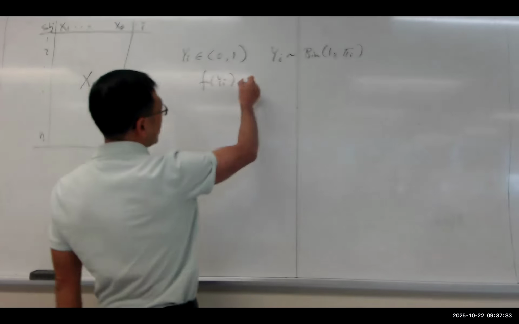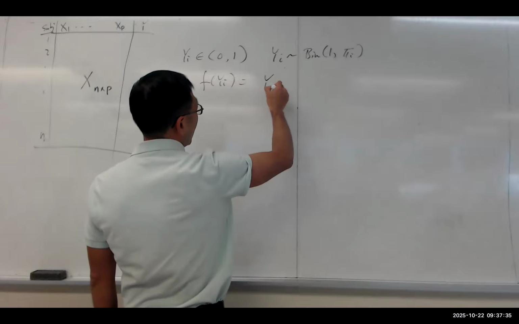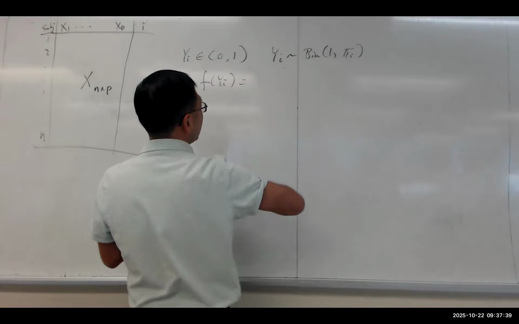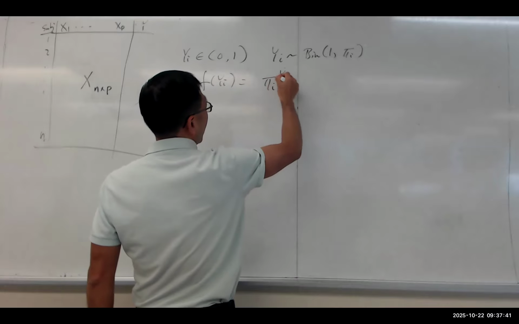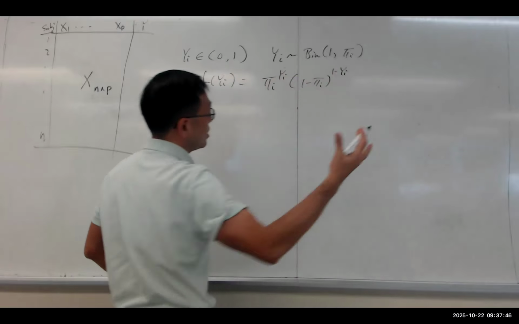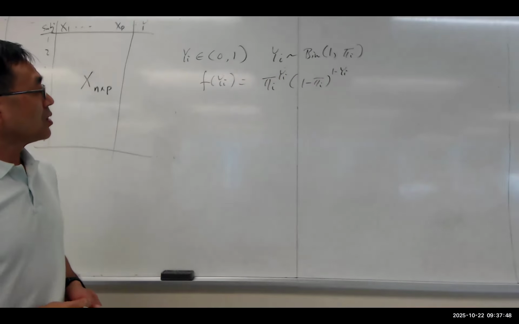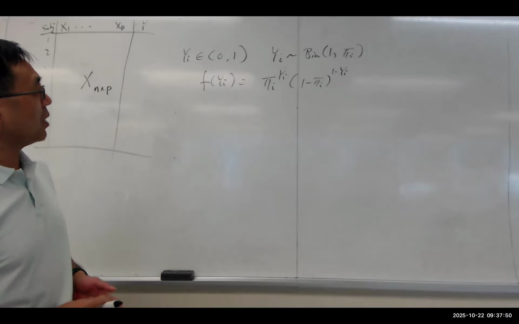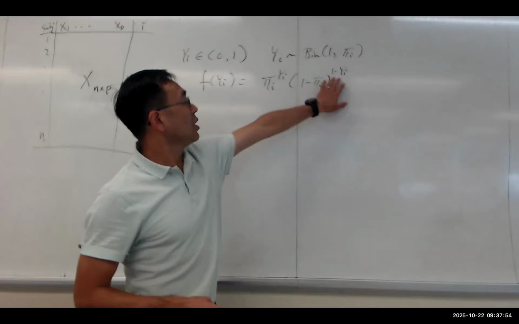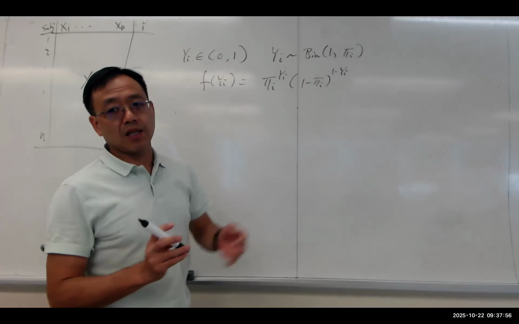So the density function for yi is pi i to the power of yi times 1 minus pi i to the power of 1 minus yi. So the probability yi equal to 1 is pi i, and yi equal to 0 is 1 minus pi i.